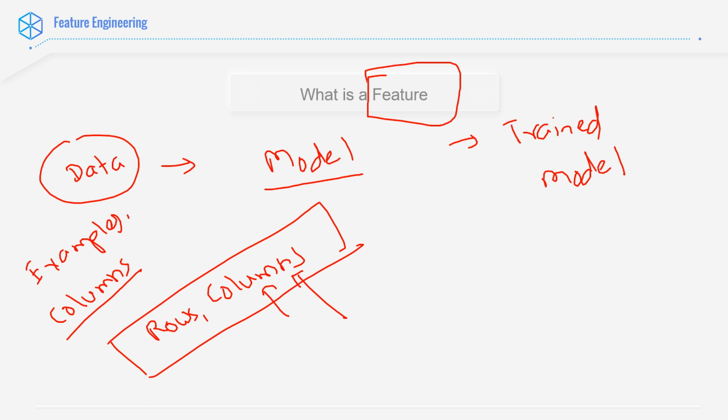This whole process of creating new ones, deleting pre-existing ones, or selecting more important ones out of the given ones is called feature engineering, and the column which is relevant in predicting the value we are trying to predict is called a feature. So a feature has to be correlated with the dependent variable, or we can call it the target variable. Anything which impacts the final thing we are trying to predict.